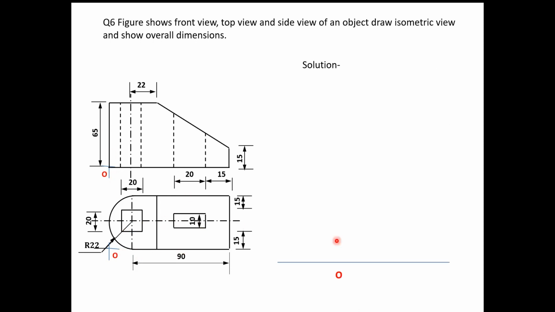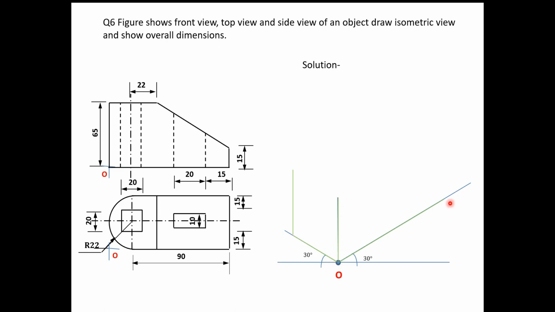Now here I will draw a horizontal line. I will mark the origin. I will draw an inclined line at an angle of 30 degrees, another line at an angle of 90 degrees. This is the vertical axis, and this is also the left isometric axis at an angle of 30 degrees. Now mark the length, width and height. This is the width, this is the height, and this is the length.